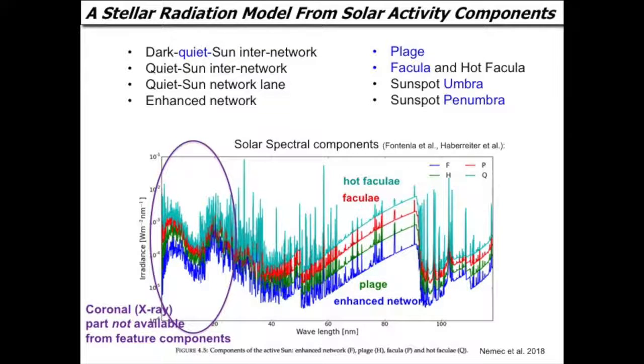And you see on this plot, wavelength against irradiance, the different components of the different areas on the surface of the sun, or of solar-type stars, have quite different spectroscopic signatures, especially in that wavelength range. Whereas in other ranges, they are quite similar. So we need to take into account the different levels here.